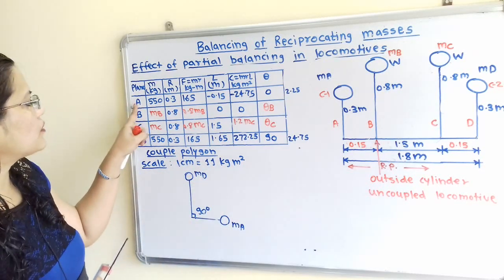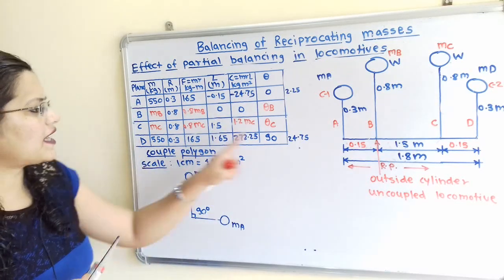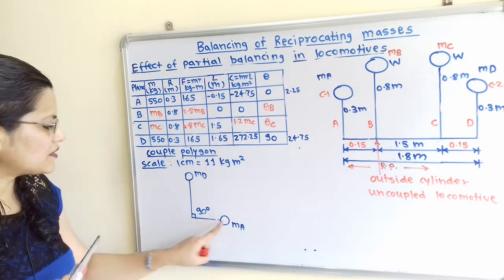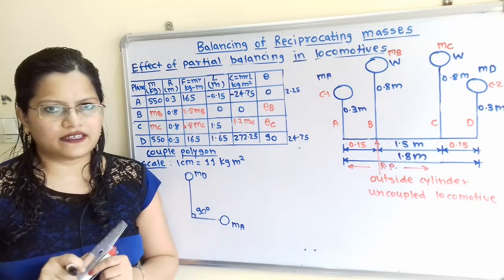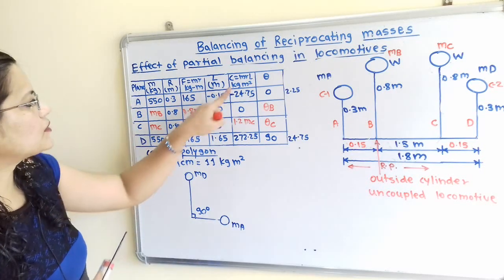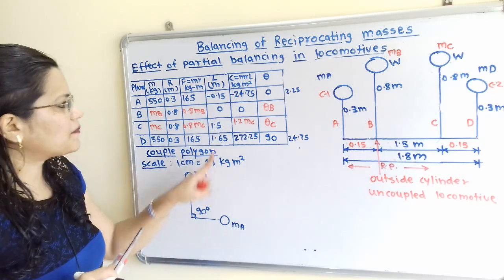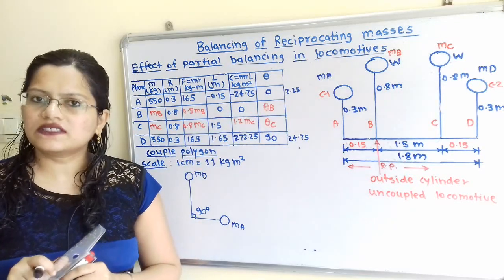Now if we observe, the mass placed at A is at 0 degree and the mass placed at D is at 90 degrees. So we will draw one diagram, that is mass at A at 0 degree and mass at D at 90 degrees. Now couple value is minus 24.75. So as per this scale we have to refer here 2.25 centimeter.